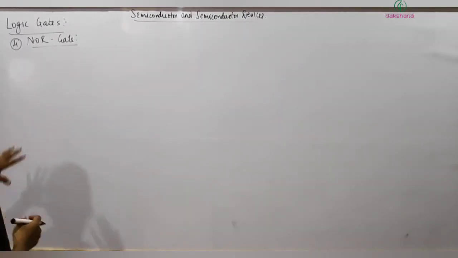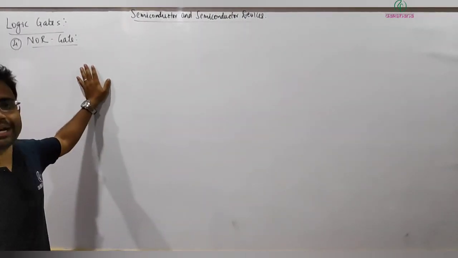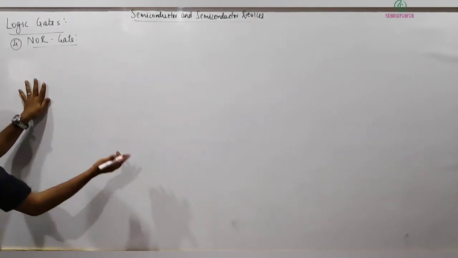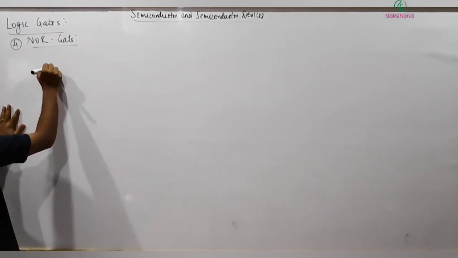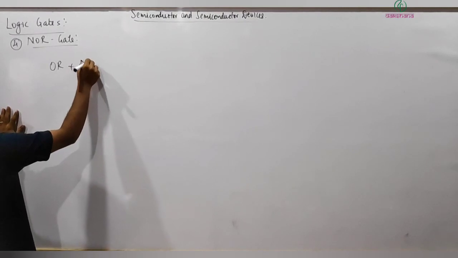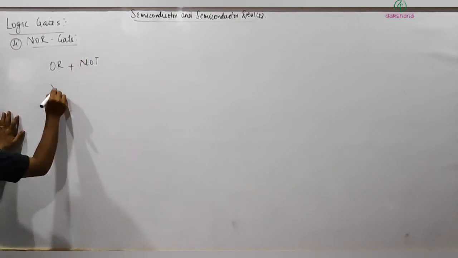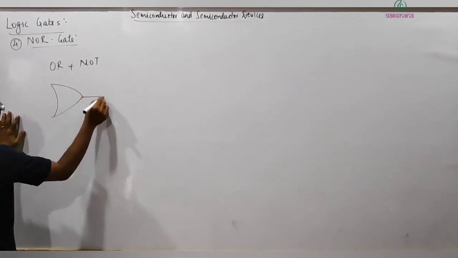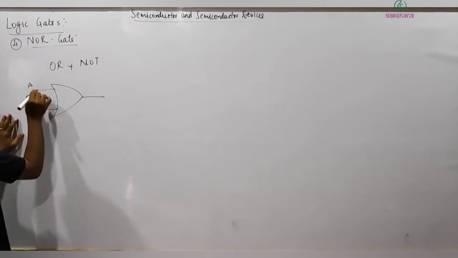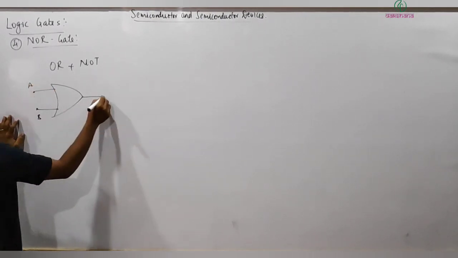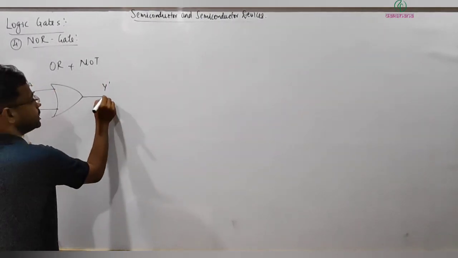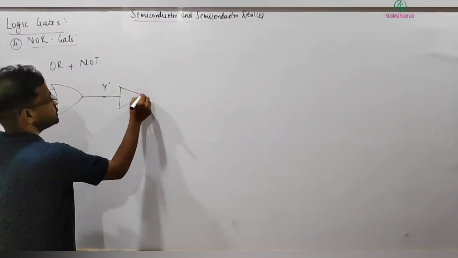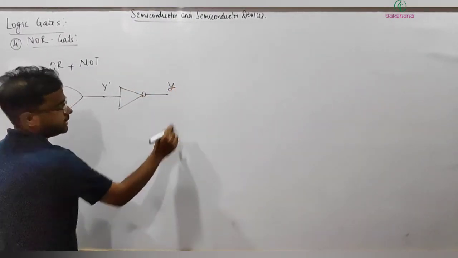Next, NOR gate. It's basically a combination of the two gates that we have studied. So it's basically OR plus NOT. This is the OR gate, input A, B, and output, let me write it Y prime, then one connected NOT gate, and finally we are getting Y output.